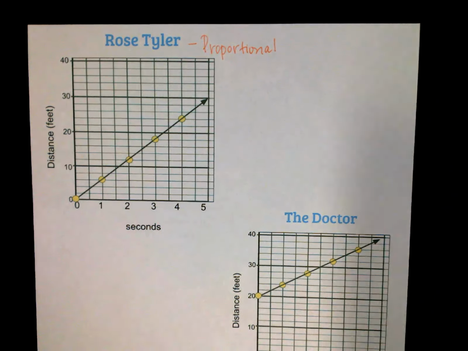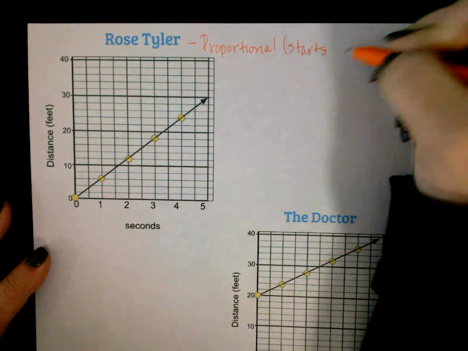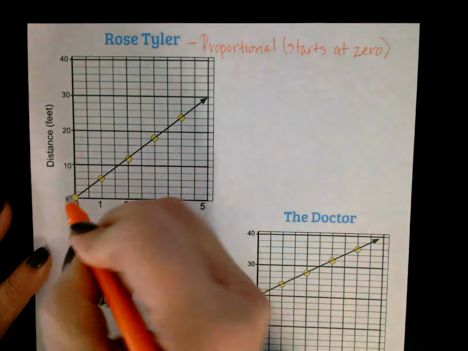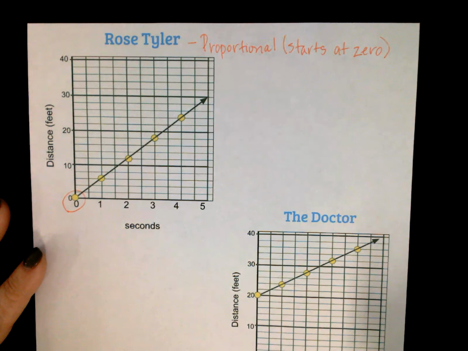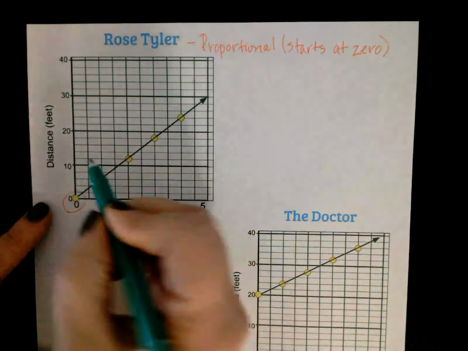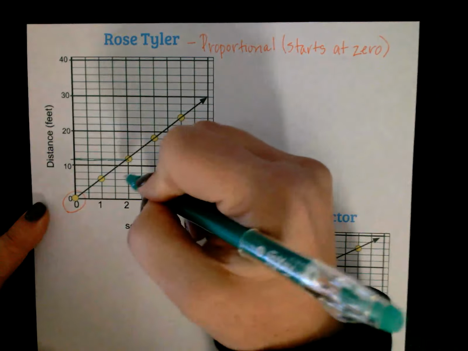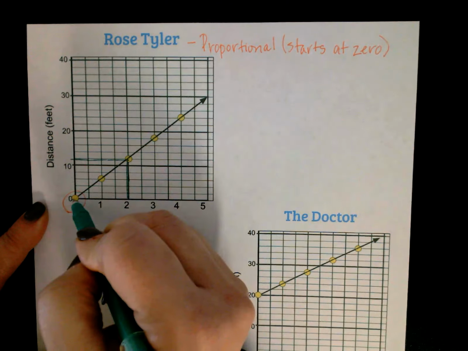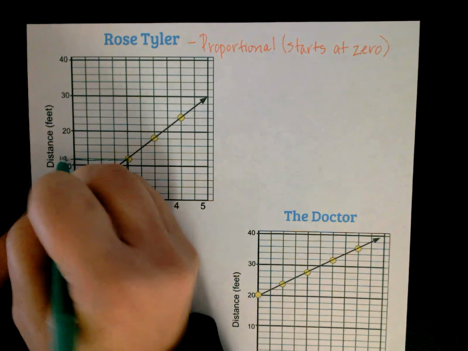One reason I know it is proportional, it starts at 0. Right here is its starting point. That means I could take any time, like I could start right here and go to here, and I would say she can go 12 feet.